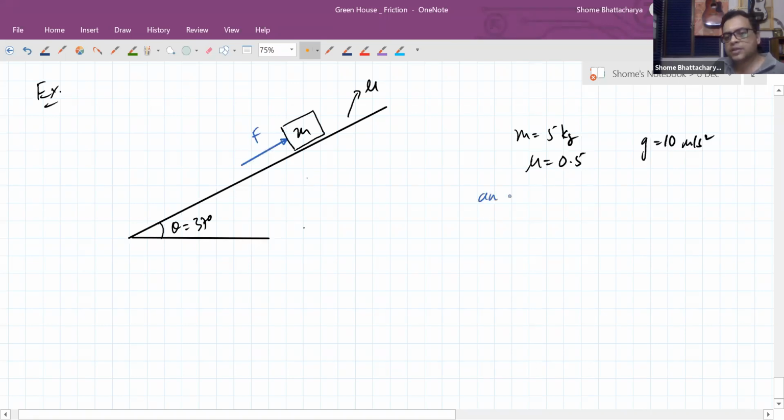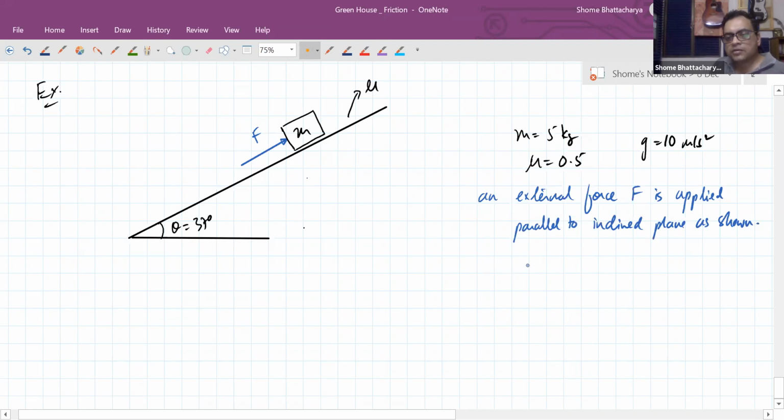So an external force F is applied parallel to the inclined plane as shown.